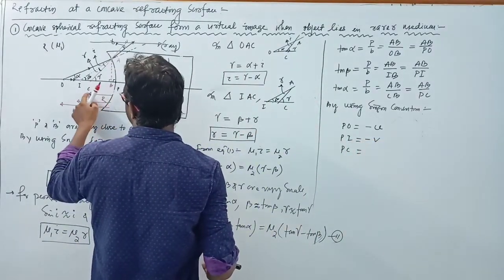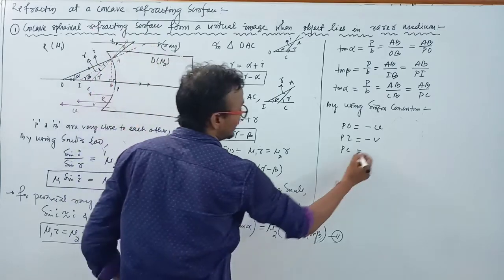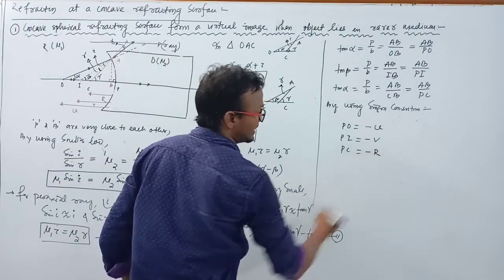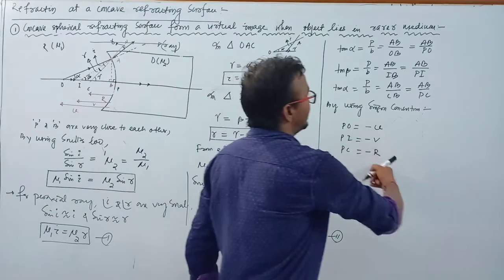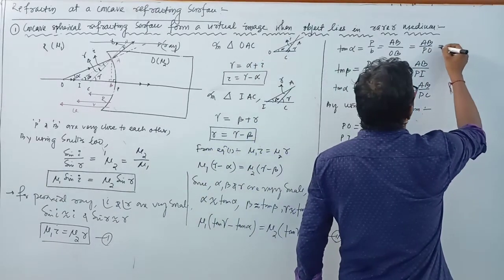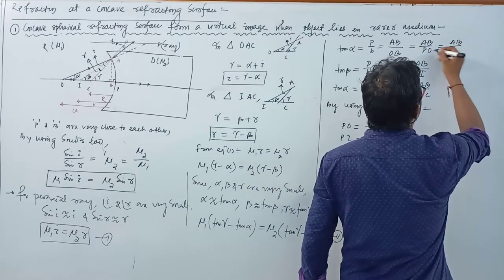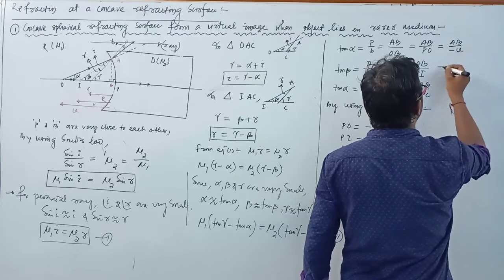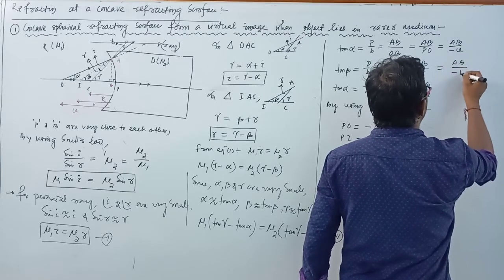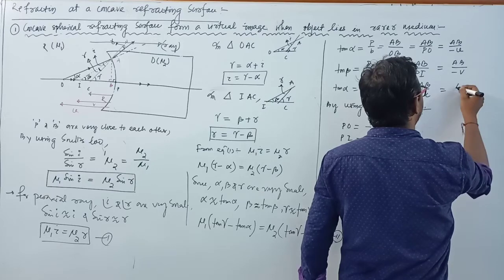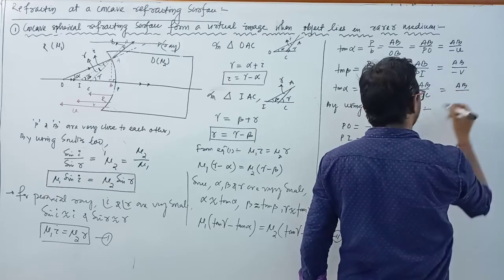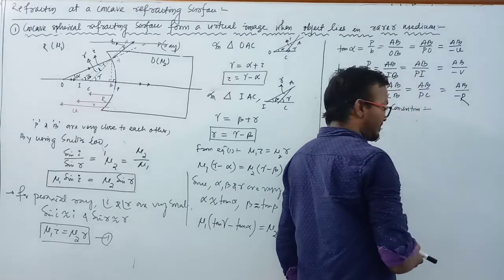Again, PC is opposite to the incident ray, that is minus r. If we use these relations in the above equations, we can write AB divided by PO equals AB divided by minus u, AB divided by PI equals AB divided by minus v, and AB divided by PC equals AB divided by minus r.